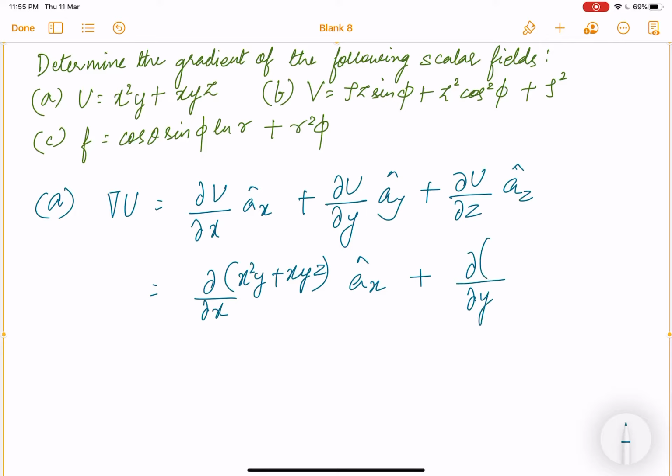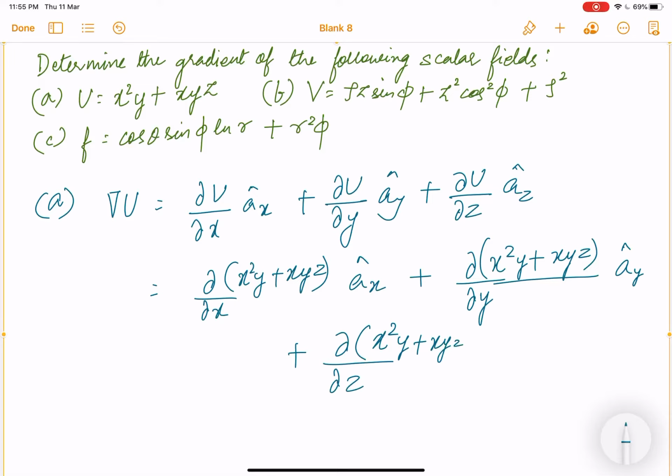Okay, so again x²y + xyz. This del operator involves partial differentiation. For ∂/∂x, you just differentiate the x terms, treating the others as constants. Similarly for the others.